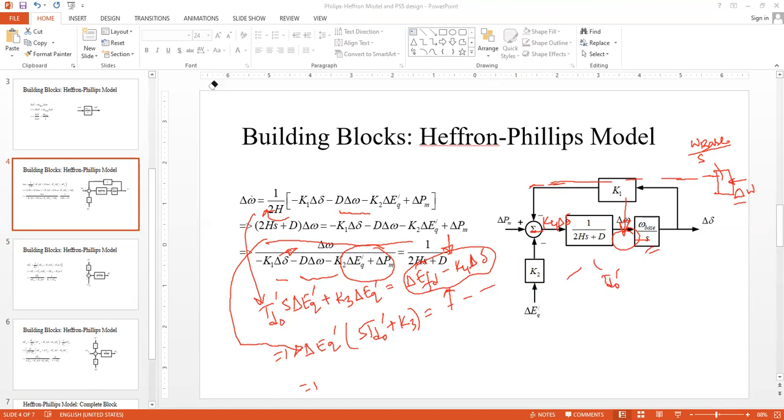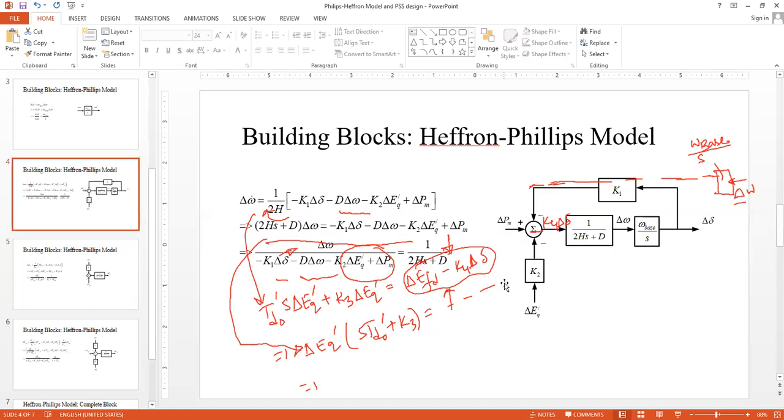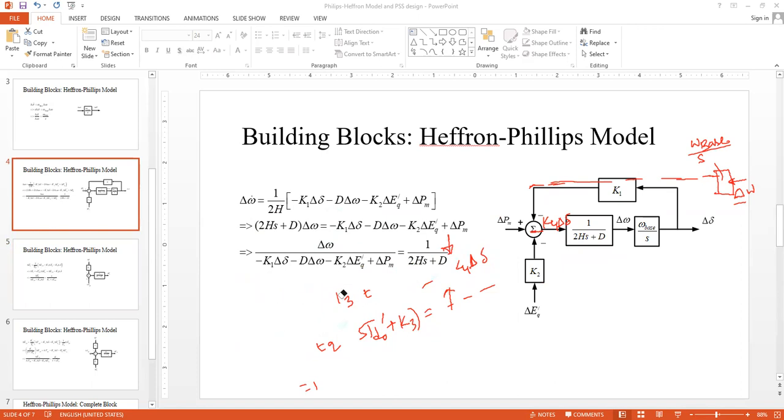So this delta Eq dash would be obtained from this block, and it would be going to that K2 block here. And ultimately they would form a closed system. We'll combine all of them finally.